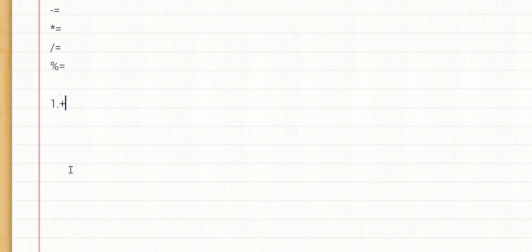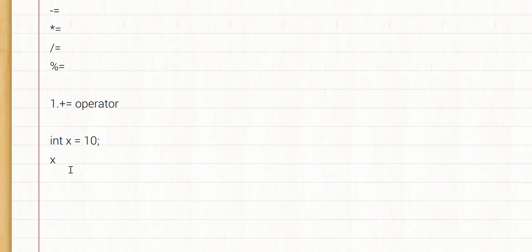First one, plus equals to operator. We'll take an example: int x equals to 10, then x plus equals to 5. It means the symbol we used here, plus equals to, is written as x equals to x plus 5.